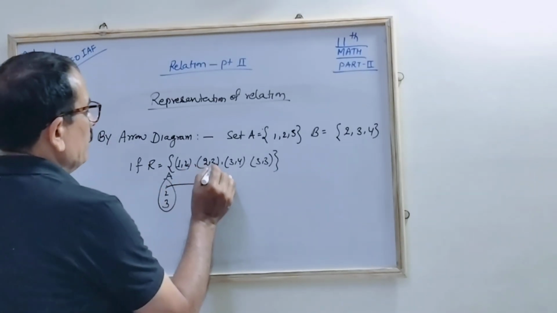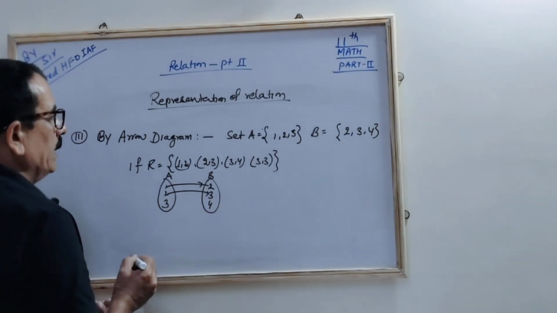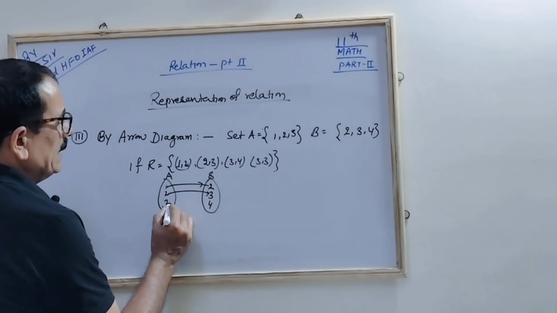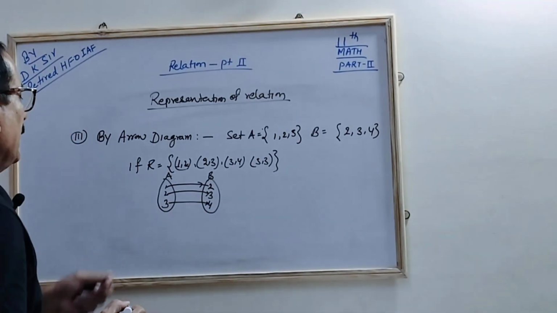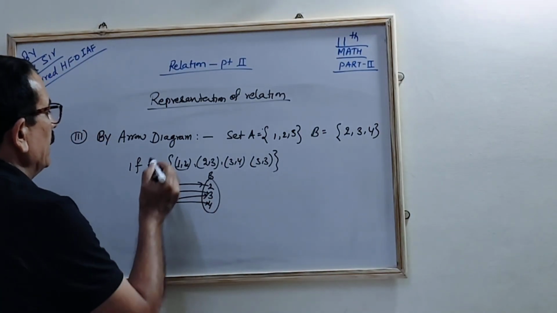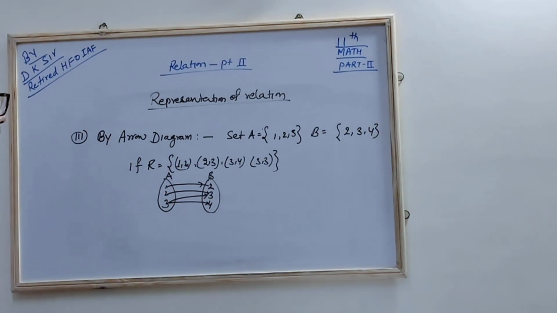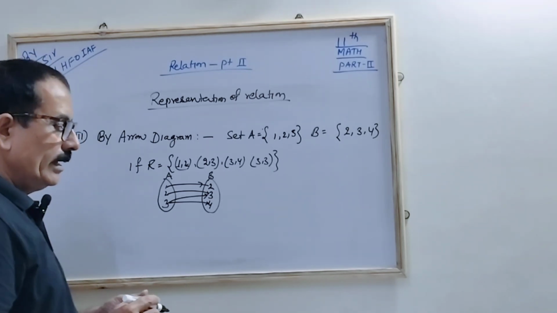Then 2 is related to 3. 3 is related to 4. And 3 is related to 3. This is called the arrow diagram, by which we can express the relation.